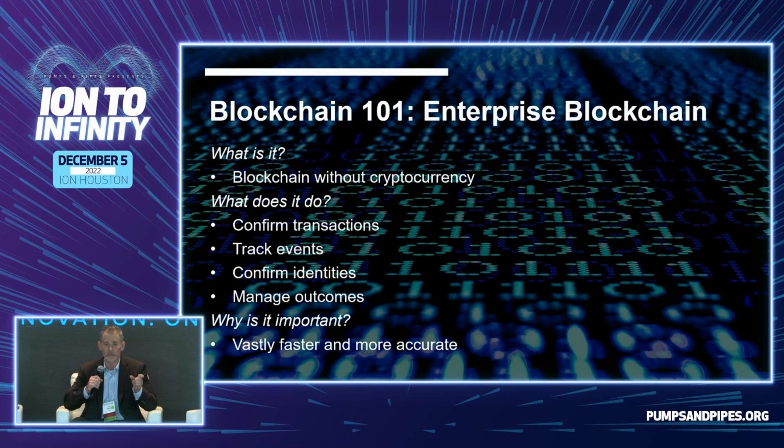Well, it confirms transactions. Like I just said, we've worked a lot in places where data is being captured from a process where the outcome is typically manually calculated. Imagine a sensor on a pad site out in West Texas.